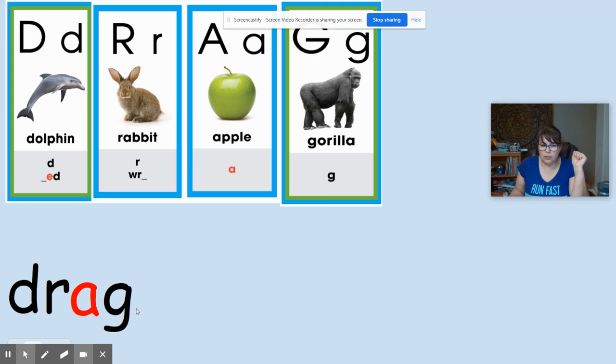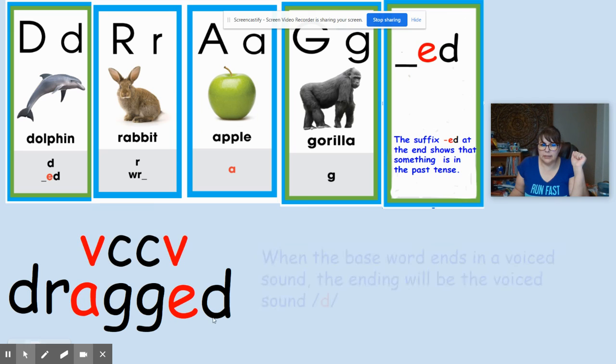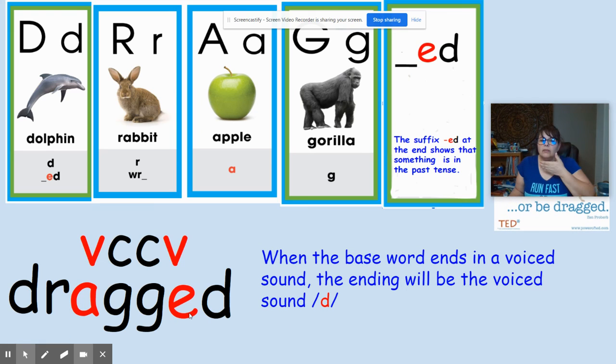So I'm going to follow the rule that I double the consonant before I can add ed. And the word is dragged. Now, if you put your hand right here and make the g, g, g, you feel the vibration, so it's voiced. When it's voiced, it makes the d sound. The e is still silent, so it doesn't add another syllable. We just say dragged.